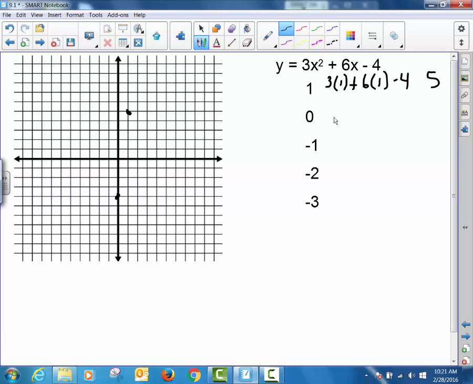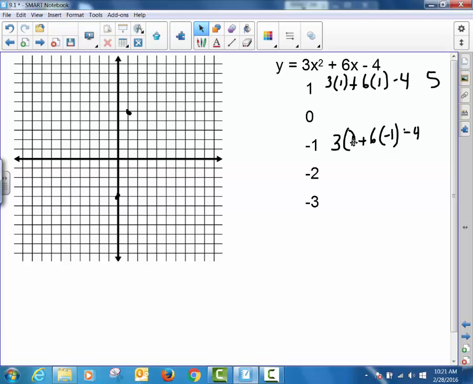Now we plug in negative 1. Negative 1 squared is positive 1. 3 times positive 1 plus 6 times negative 1, because that's the thing we're plugging in, minus 4.